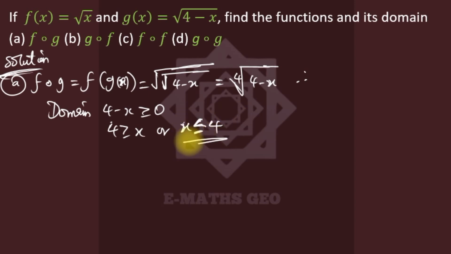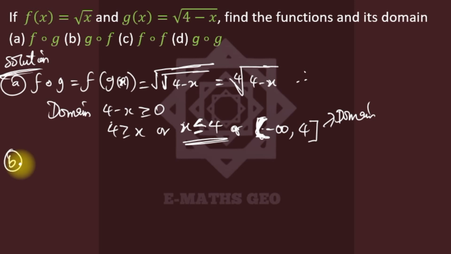So that's the domain. Using interval notation, we write negative infinity, comma, 4 included, with this type of bracket. So that's our domain.